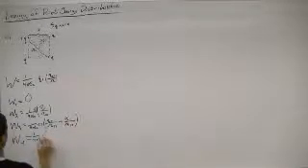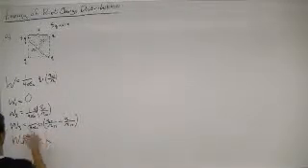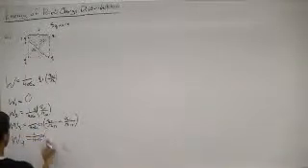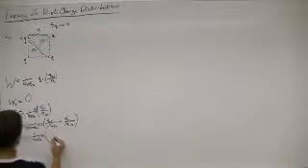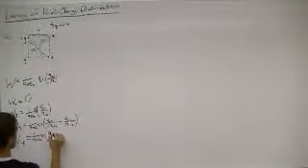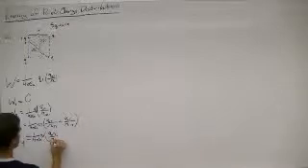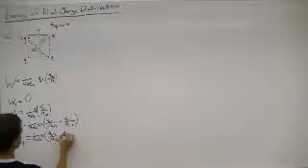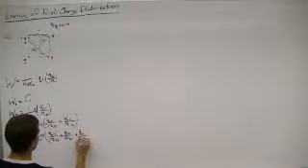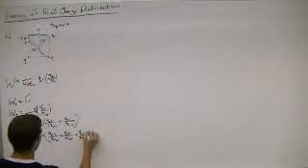Then finally, for the last one, work of bringing in the 4th point charge, 1 over 4 pi epsilon naught times Q4 times Q3 over script r 3,4 plus Q2 over script r 2,4 plus Q1 over script r 1,4.